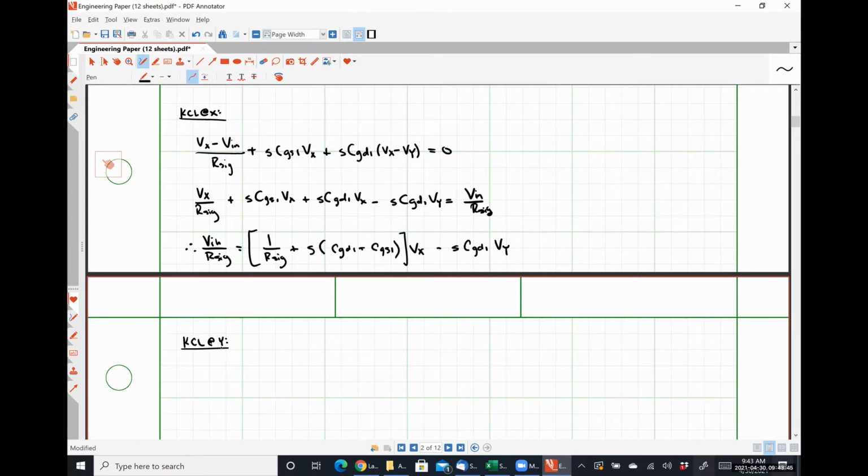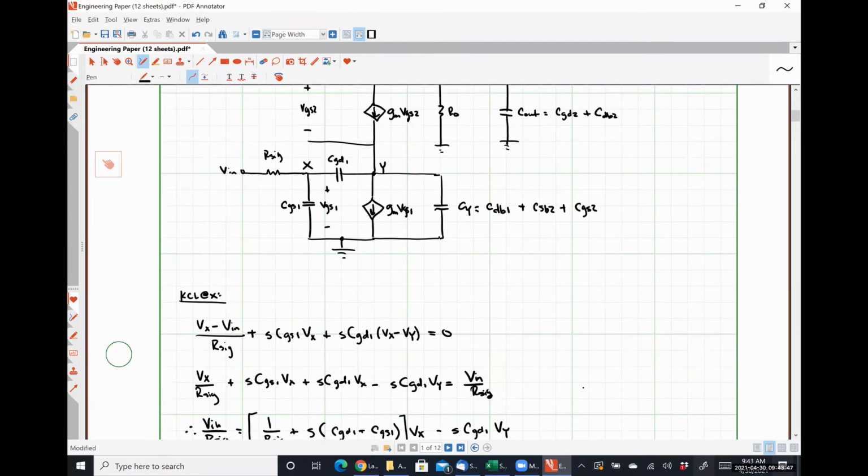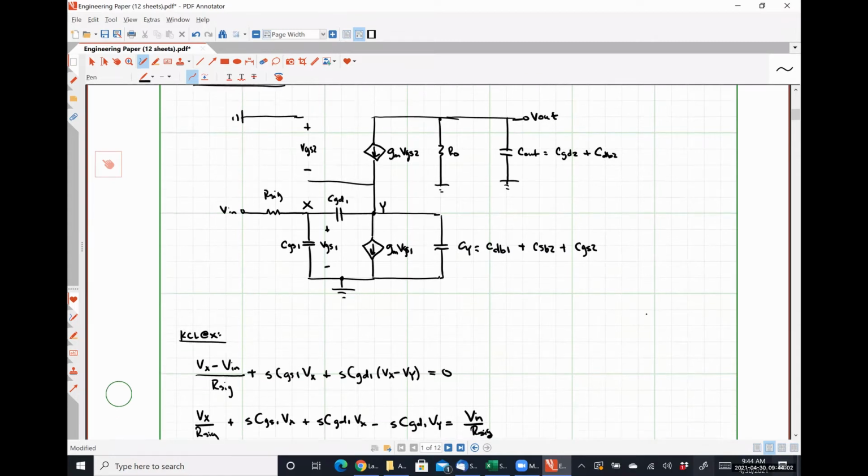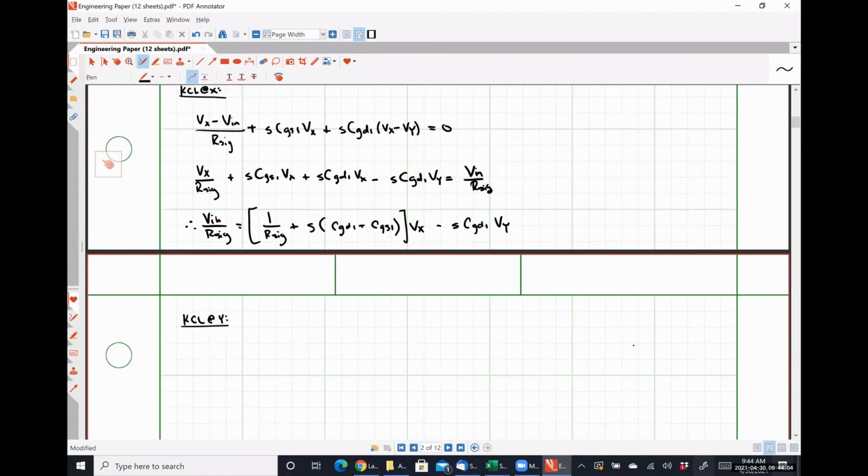Okay, so at node Y, we have the current flowing to the left through CGD1, the current flowing down through our dependent current source, the current flowing to the right through capacitor CY, and then the current flowing up through our other dependent source. So we're going to have 4 terms.